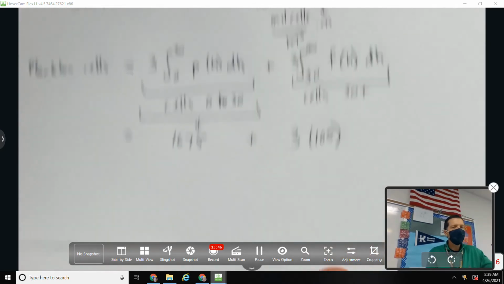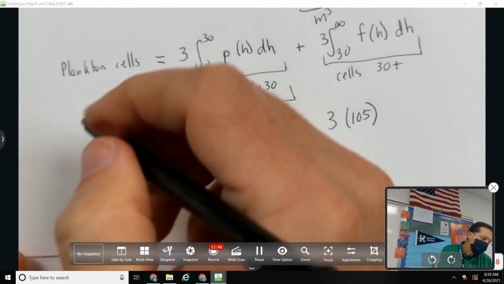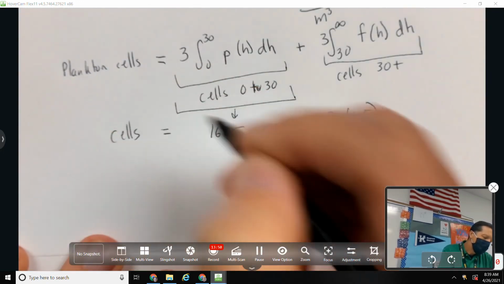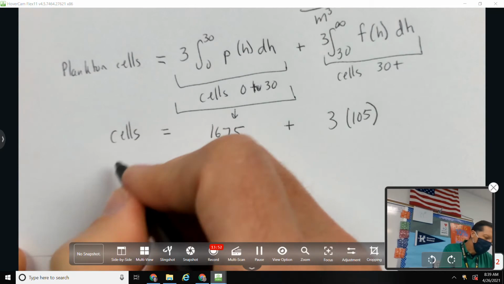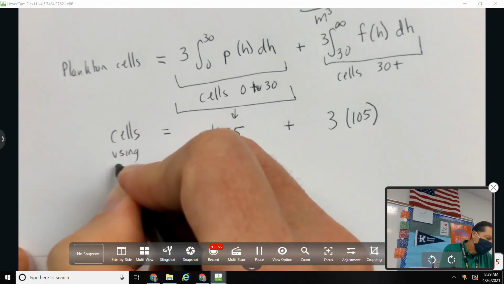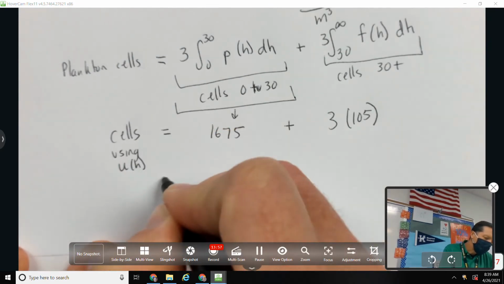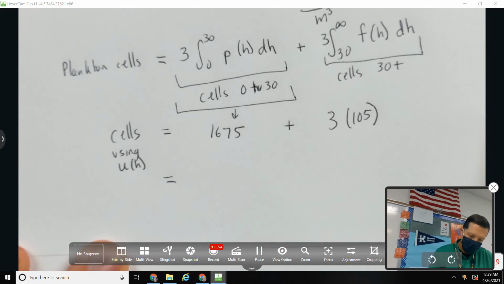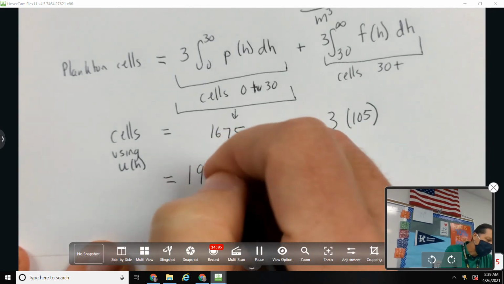I think how to best explain this, though. Cells using U of H, 1675 plus 3 times 105 is 1990.